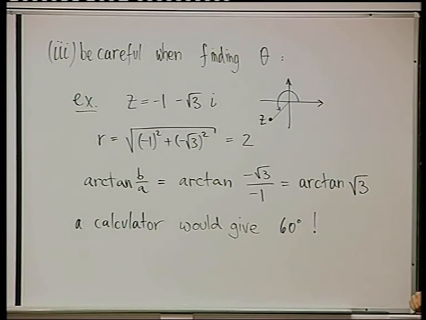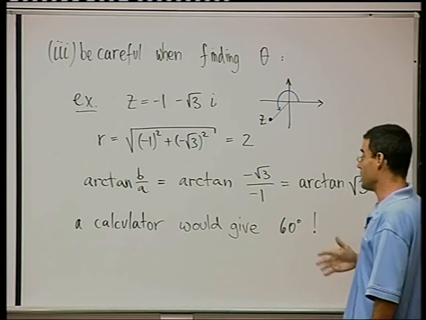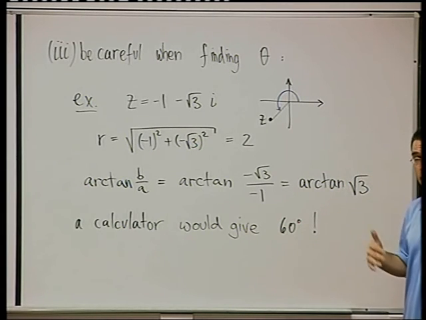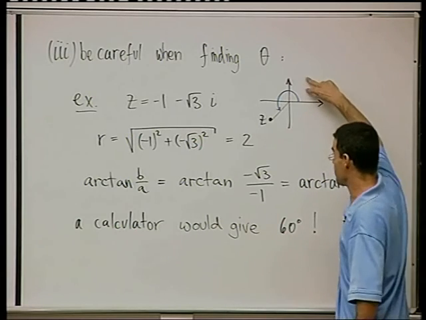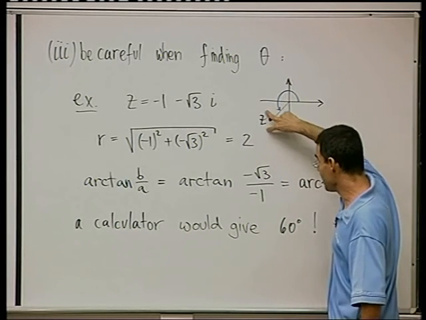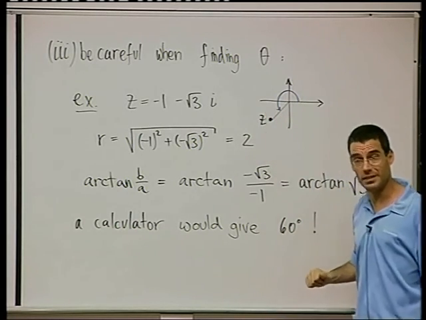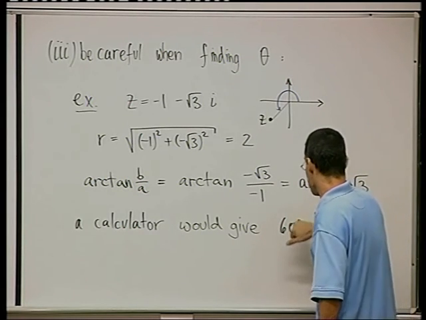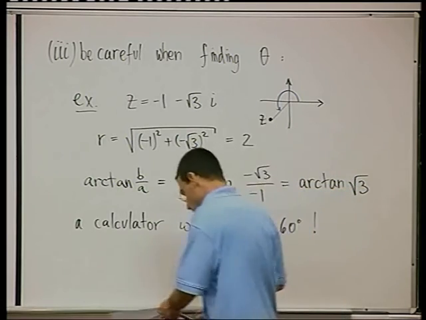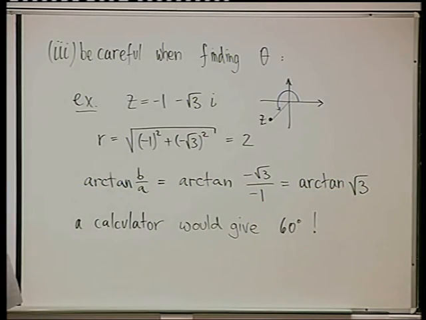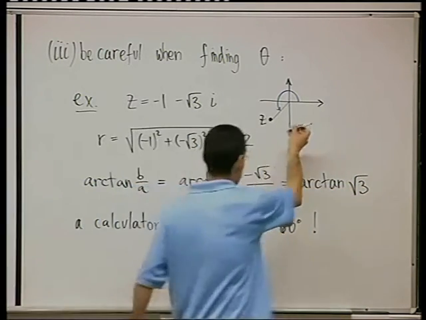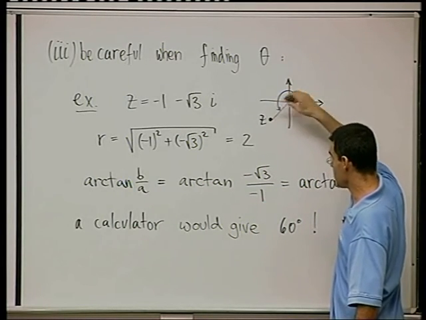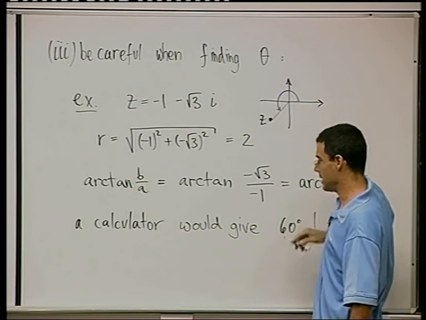So what does it mean that it has the same tangent? Remember, the tangent is the sine divided by the cosine. If both are positive, like here, or both are negative, like here, the tangent would be the same. So for 60 degrees, the corresponding angle here would be 240 degrees, to take the full 180 and add 60.